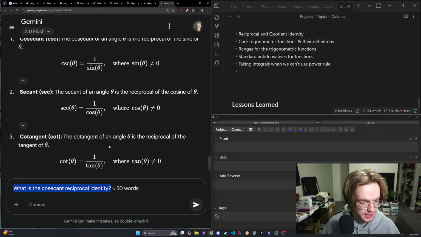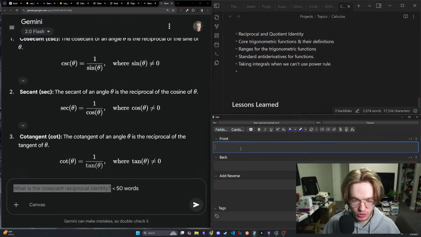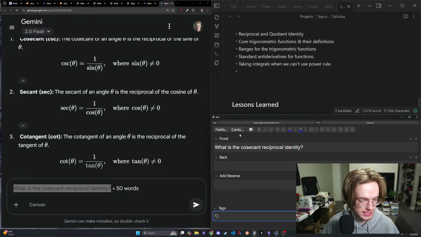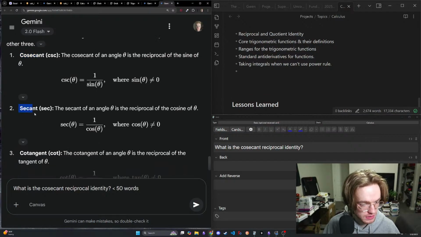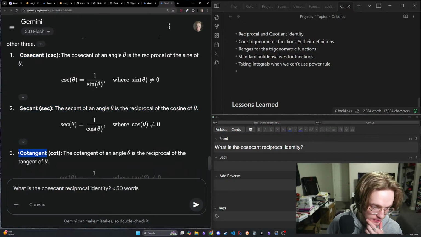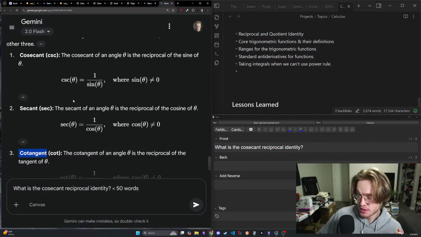We have the cosecant, secant, and cotangent. So for these, the emphasis or focus of the reciprocal identities is to describe these. Well, I guess these aren't like... how would I say?